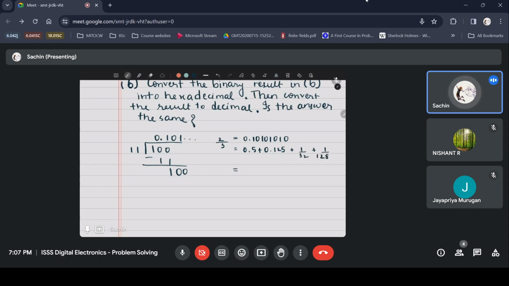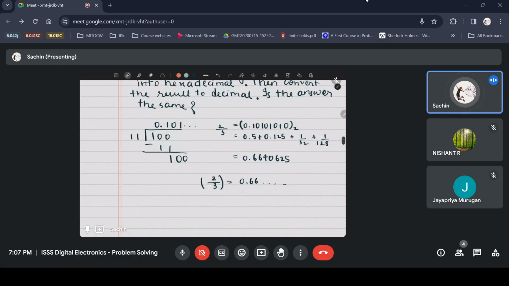If you do that, you will get something around 0.6640625. And if you did it just in decimal, 2/3 is nothing but 0.666 recurring, right? So there's a difference because you truncated it.